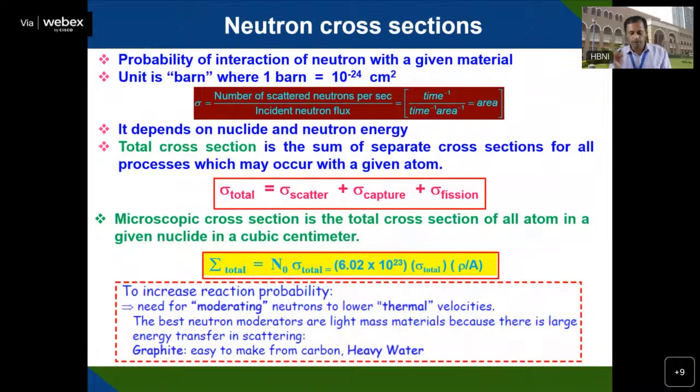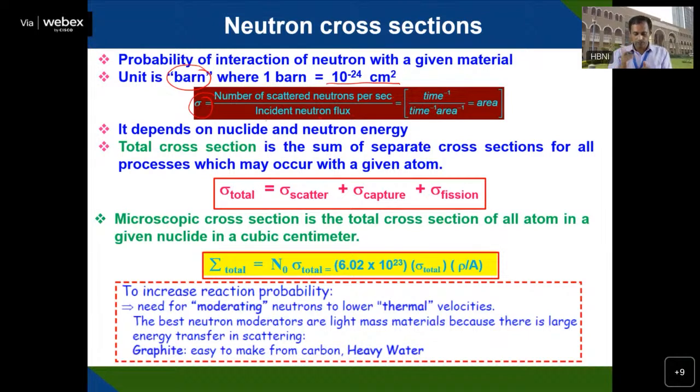If you see the probability of interaction, I told you the neutron is a very small, tiny particle compared to the nucleus, so the probability of interaction is very low. So we express it in terms of barn, the neutron cross section, where 1 barn is equal to 10 to the power minus 24 centimeters squared. You can see the number of scattered neutrons per second divided by the incident neutron flux will be the probability of interaction.